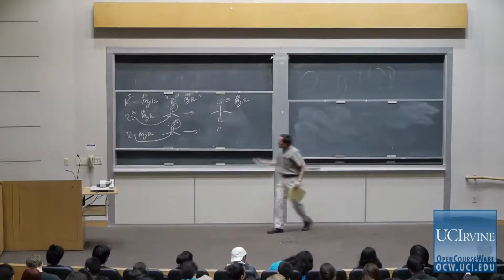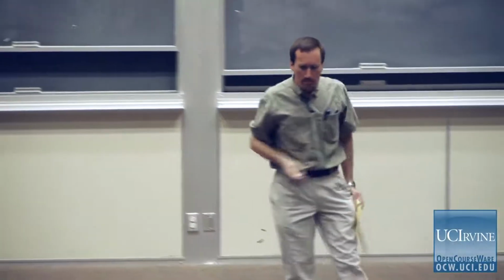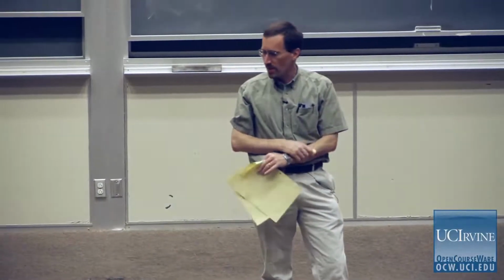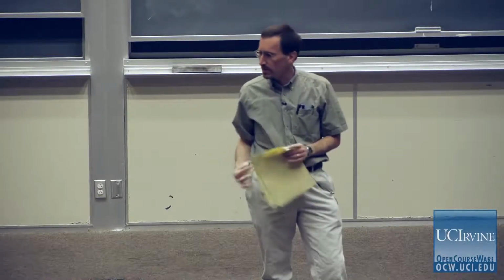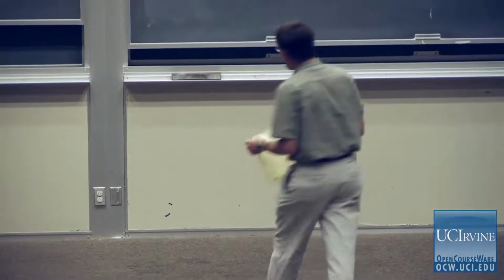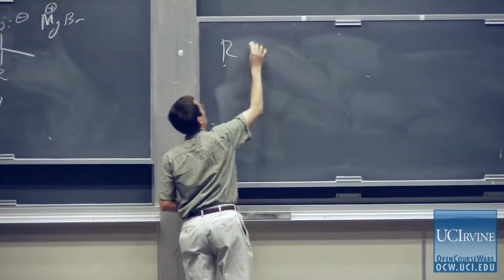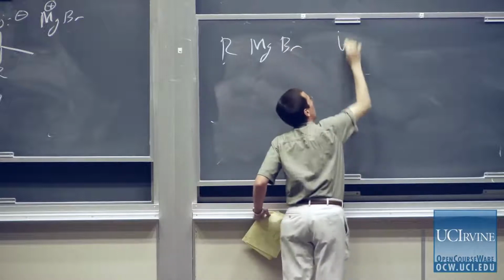So one thing to keep in mind about Grignard reagents, and indeed about most organometallic reagents, particularly ones in which there's a large difference in electronegativity between the carbon and the metal, is that organometallic reagents, like Grignard reagents, in general act as very strong bases.